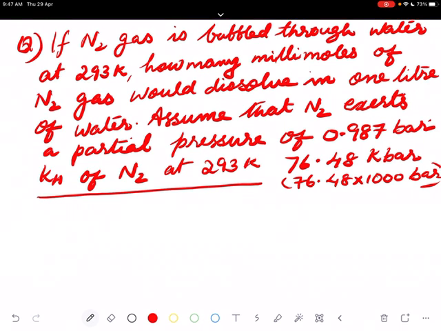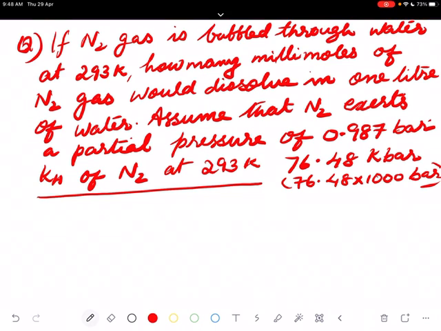If N2 gas is bubbled through water at 293 Kelvin, the N2 gas is bubbled with a pressure, because only with a pressure can the gas be bubbled. So according to the pressure, this N2 gas is soluble.